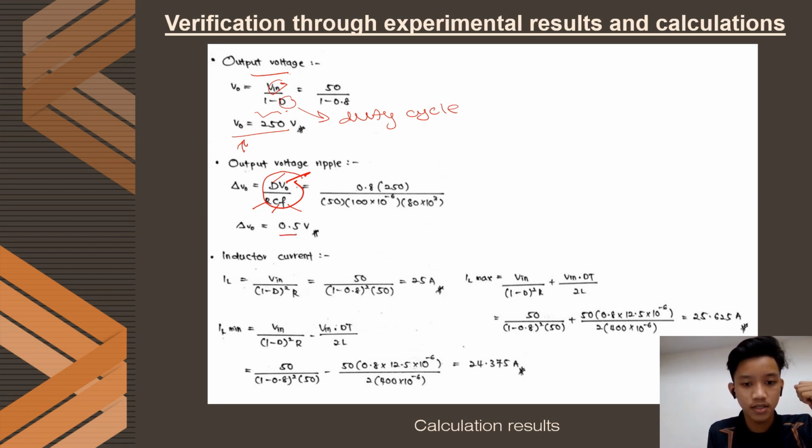For the inductor current, we have three calculations: first the inductor current, then the minimum inductor current, and then the maximum inductor current.